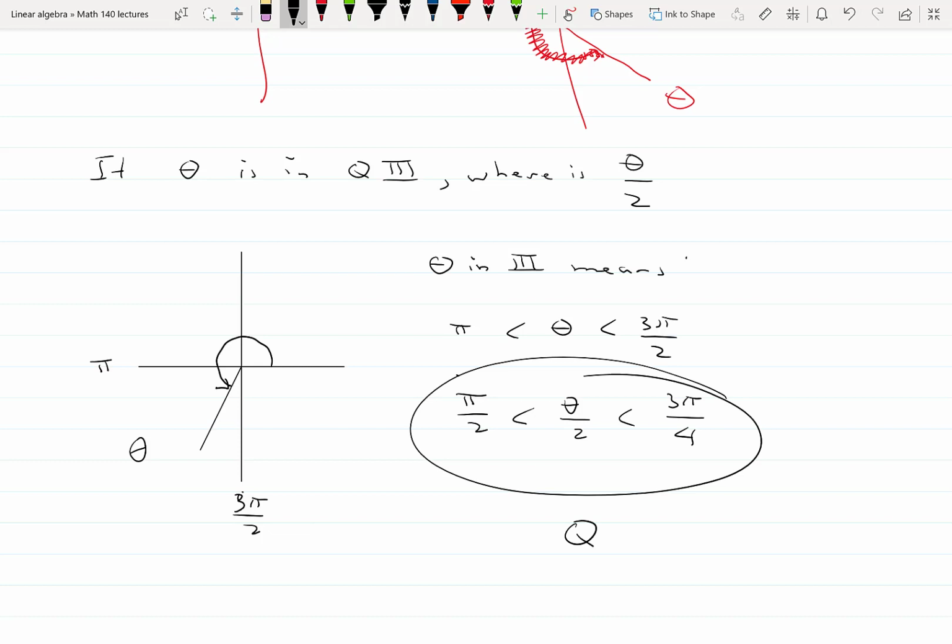That's quadrant 2. So you can always figure out where theta over 2 is by using a little bit of algebra. This is extremely common as a mistake, and it's often very costly on an exam, just making a mistake on a sign.